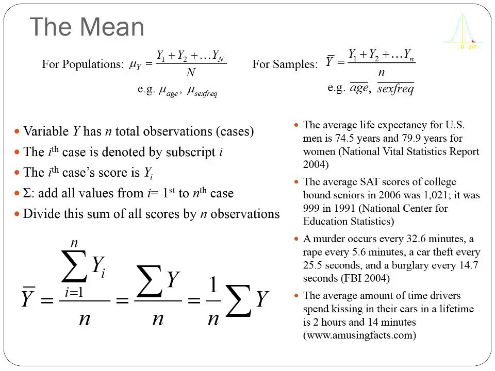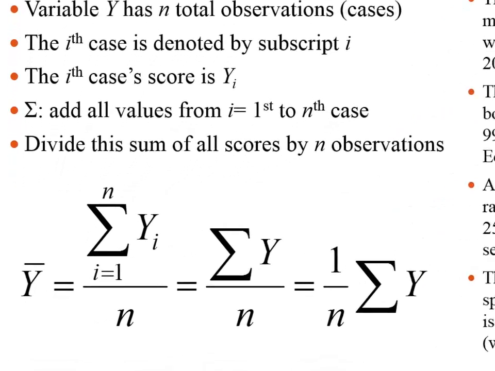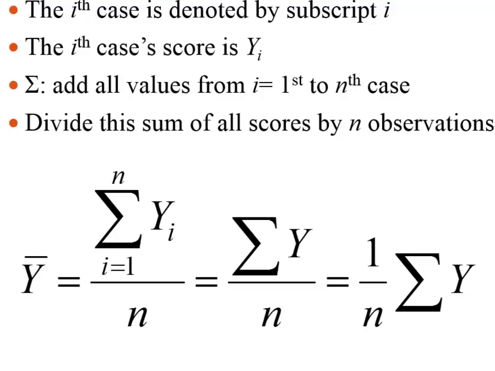Let's go ahead and look at the formula for the arithmetic average. We see that y bar is equal to the sum of y sub i divided by n. Now I've added subscripting notation around that summation sign, i equals 1 and n on the top. This says that we're going to set up a little counter called i.